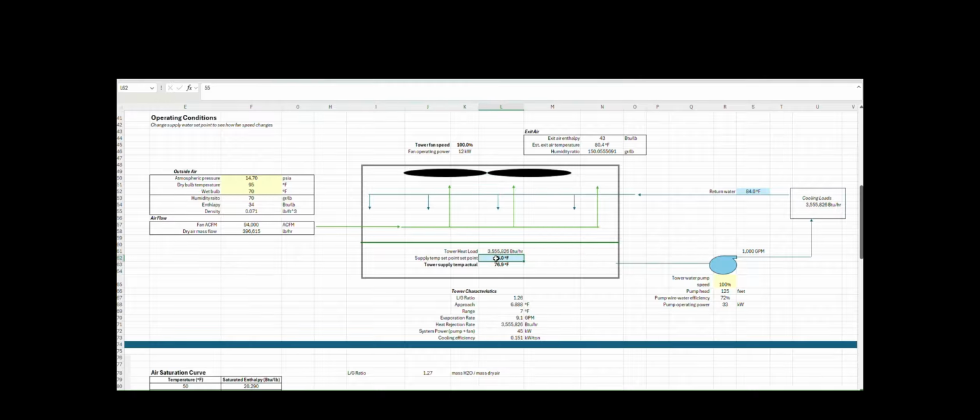That's where some intelligent controls come into play and say, okay, what's my trade-off between fan power and chiller performance? Maybe my ideal is something like, for this particular case, 78 degrees, where I can ramp my fan speed down to 75% to get slightly warmer water than if it were running at 100%.